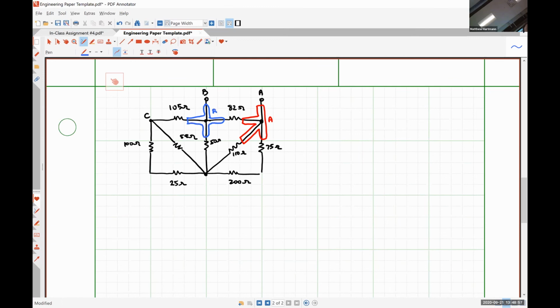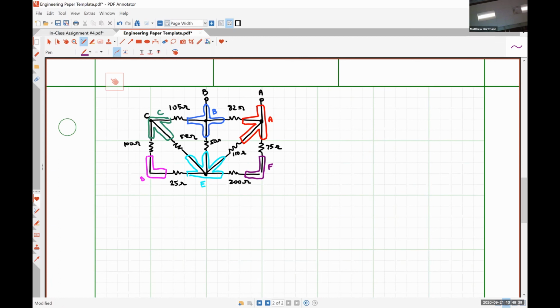Blue will be node B. And green will be node C. And pink, let's call this guy D. Light blue, we'll call this guy E. And purple, we'll call F. And this is just the way that I like to solve problems that involve resistance combination.